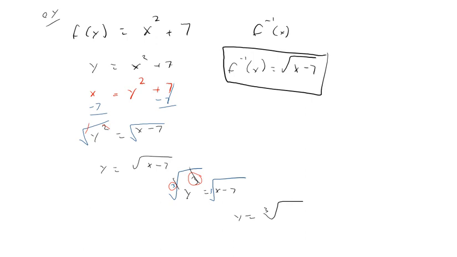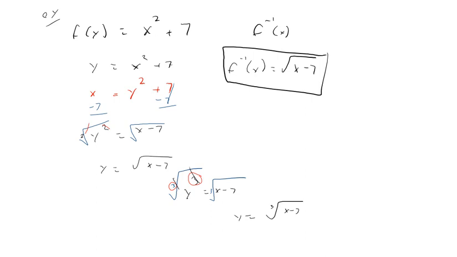The 3 is kind of inside the little radical sign. In a square root, really, there's an invisible 2 here. We don't write it most of the time because it's the default.